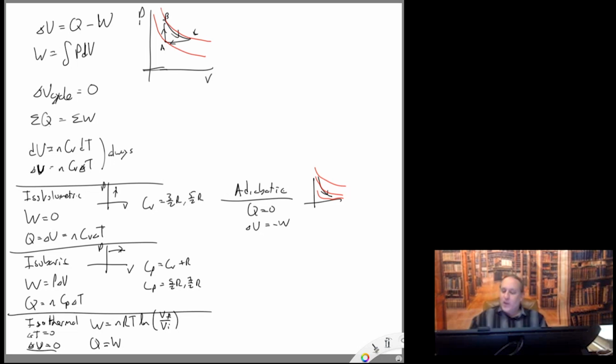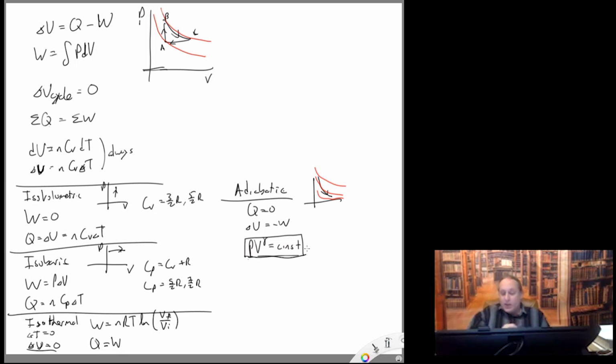What we proved last time is that the shape of that curve is PV to the gamma equals a constant. So if we want to integrate it at some point, we can, because we know the shape of that curve. And that's kind of what we stopped with.